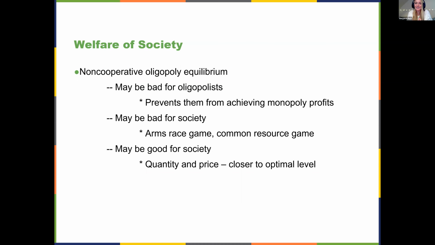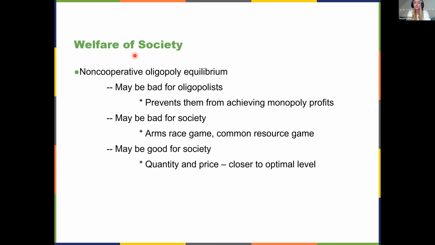What does it mean to society if the common outcome is for oligopolists to cheat on monopoly agreements? So if oligopolists decide to cheat on agreements, or we have this non-cooperative oligopoly equilibrium, what does this mean for the welfare of society? And I guess it really depends on the group and society that we're talking about.